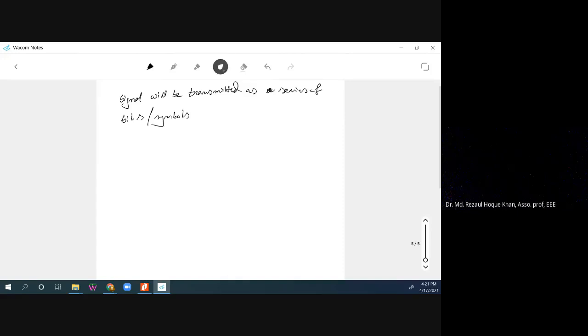Simple example. So in a simple example, we imagine we have only two bits, 0 and 1.